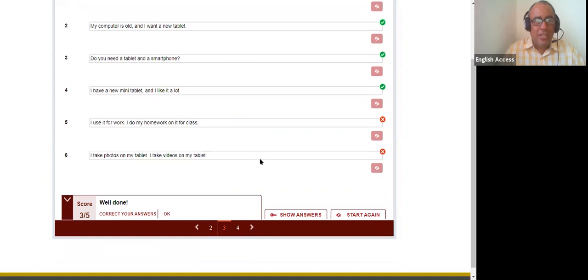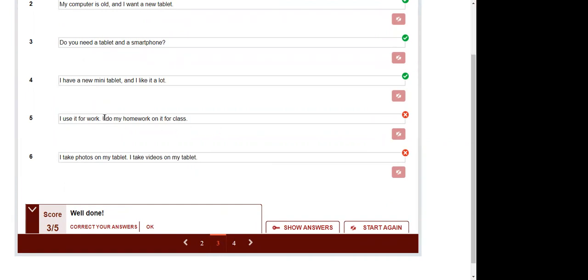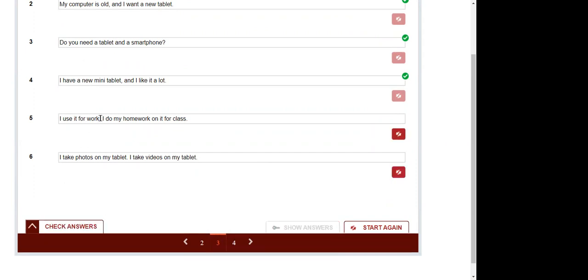Let's check number 4. A ver, Fátima. Number 5, sorry. We have use and we have do. Two verbs, two different verbs. I use it for work. Se elimina el puntito.